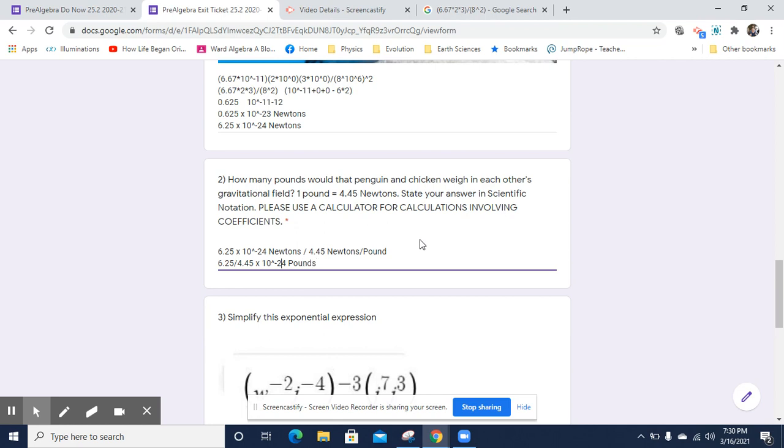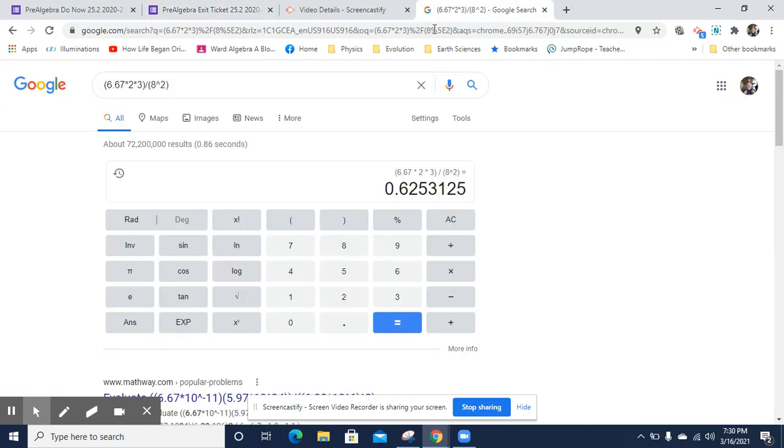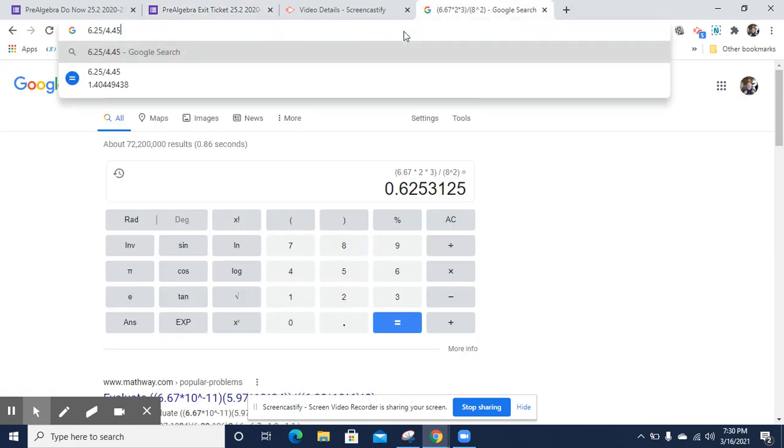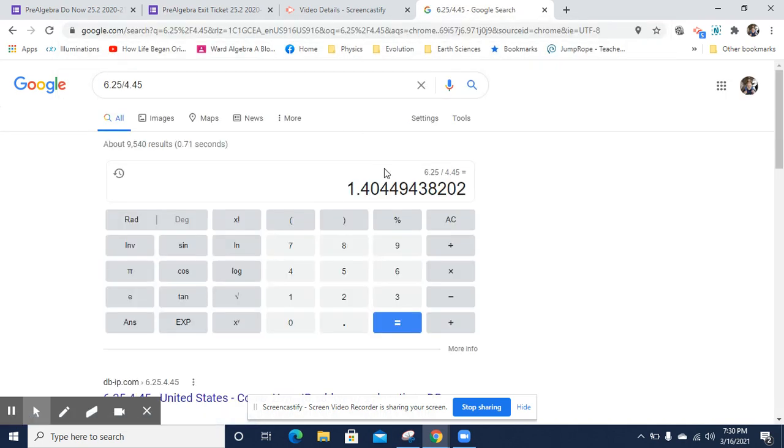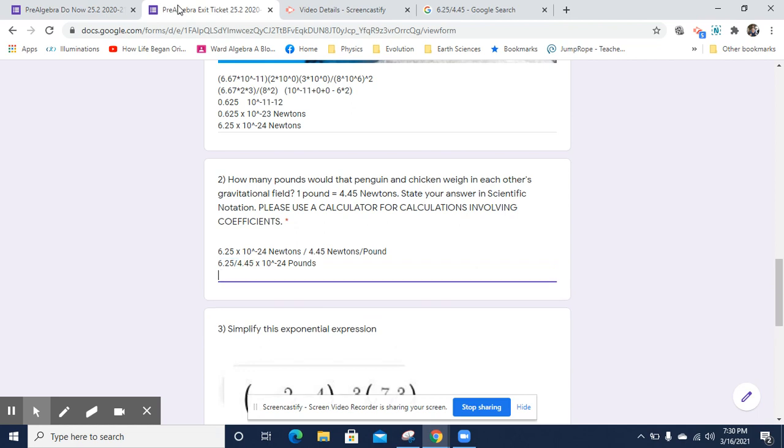That's a little more than 1, so I don't think we'll have to adjust our scientific notation. We get 1.4-ish, so I'm going to call that 1.4 times 10 to the negative 24th pounds of force.